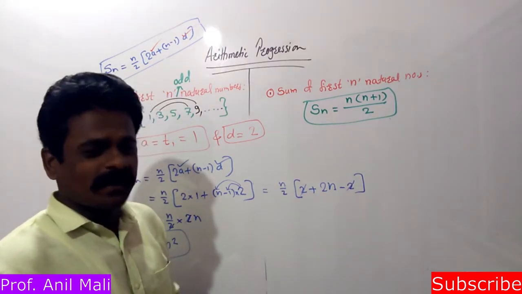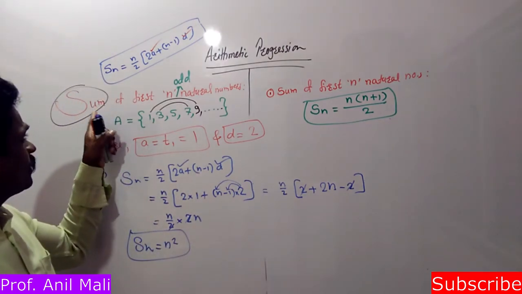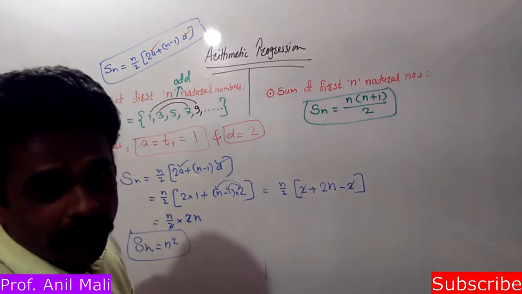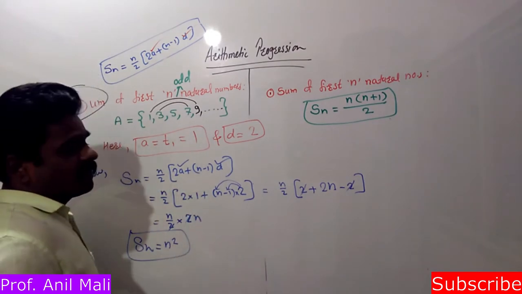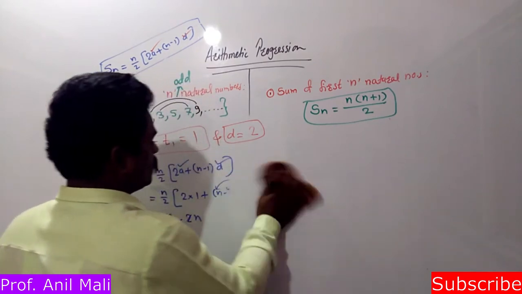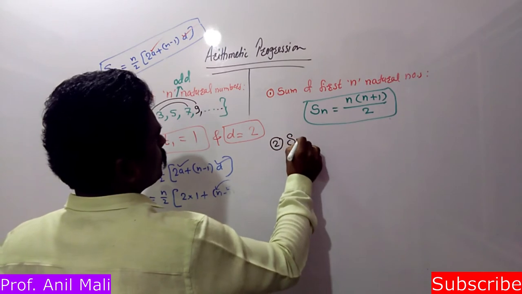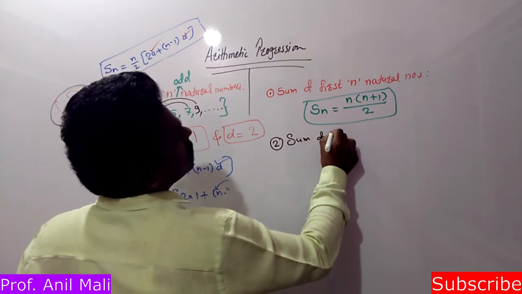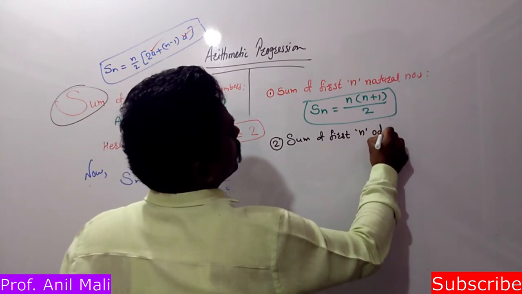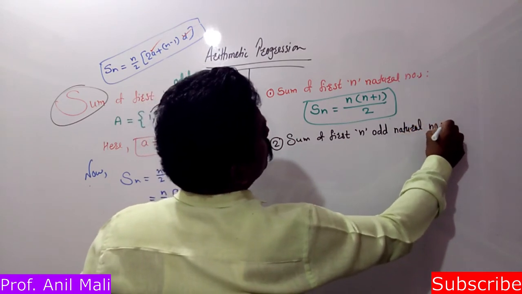It's very easy. Fine. Now see, this is the formula for sum of first n odd natural numbers. Now we'll do the sum of first n even natural numbers. Okay, fine, no problem. So second, sum of first n odd natural numbers.